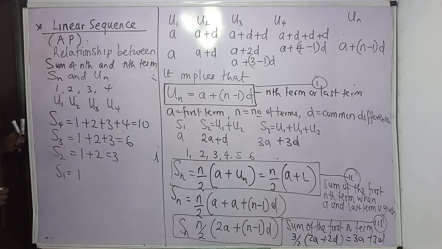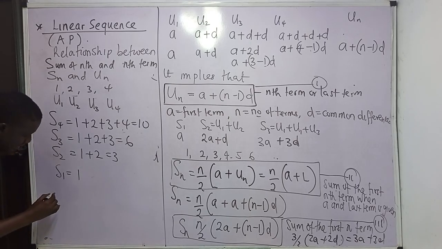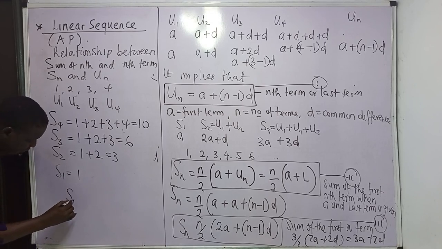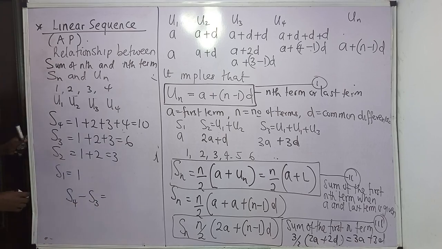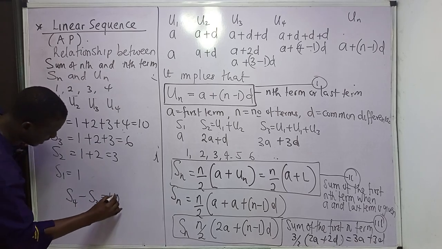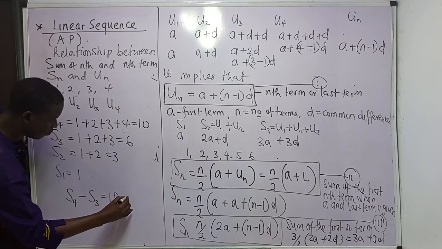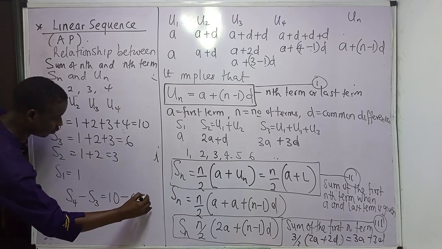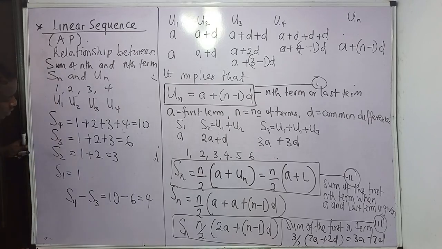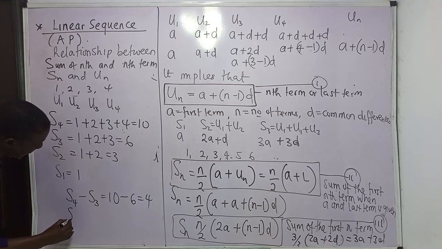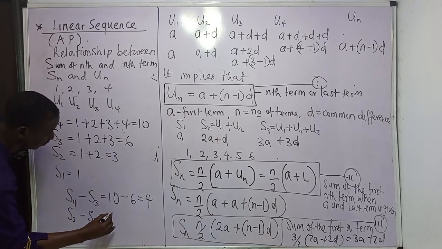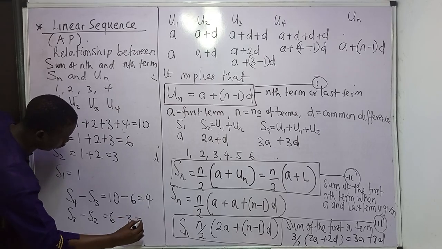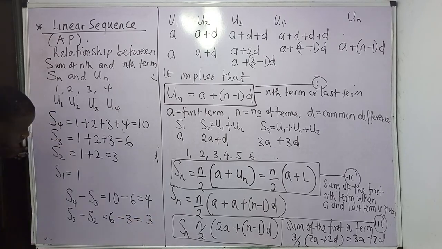Now let me show you something. Let me find S4 minus S3. Go along with me: 10 minus 6, what do you have? 4. Let's look for S3 minus S2. That will be 6 minus 3, and you have 3.